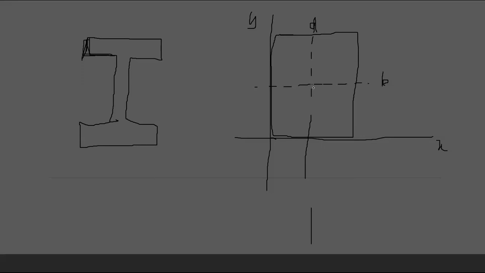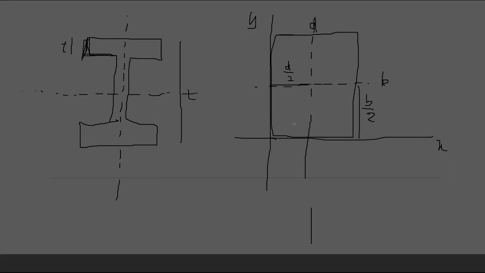If this is symmetric, you know this length would be p times 2 to the centroid. This distance, if it is symmetric, will be d times 2. Even this one, let's say this is L, and this thickness is the same, and it is symmetric about this axis.